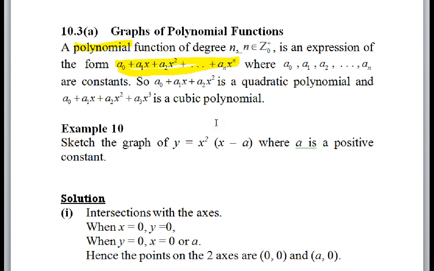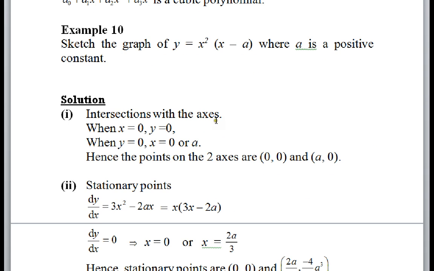Okay, anyway. Example 10. First thing to note, if you have something like that, look here. A is an unknown. A is a constant, but you don't know what the value is.